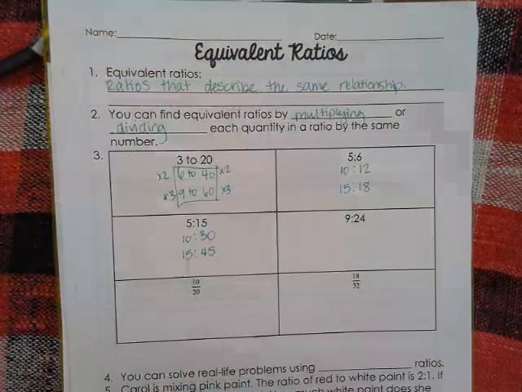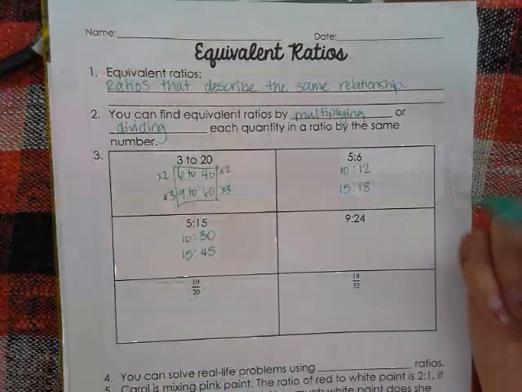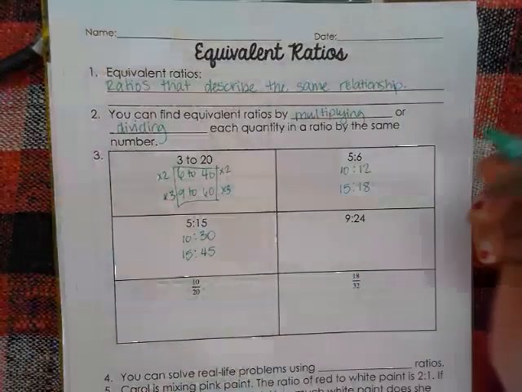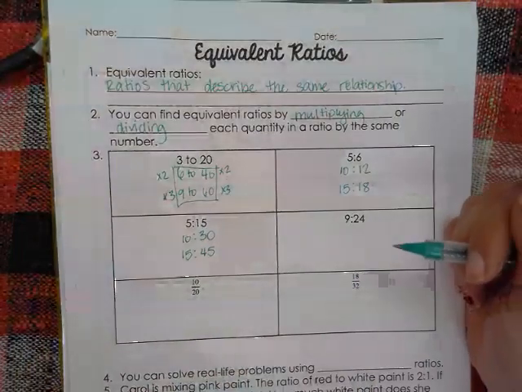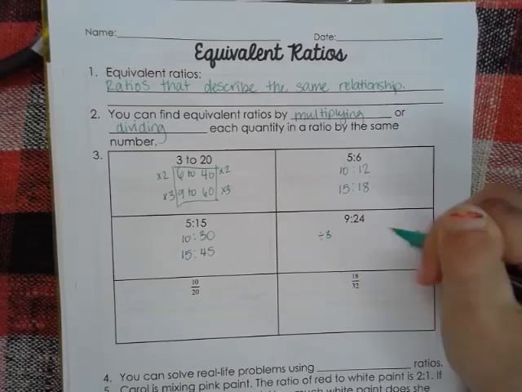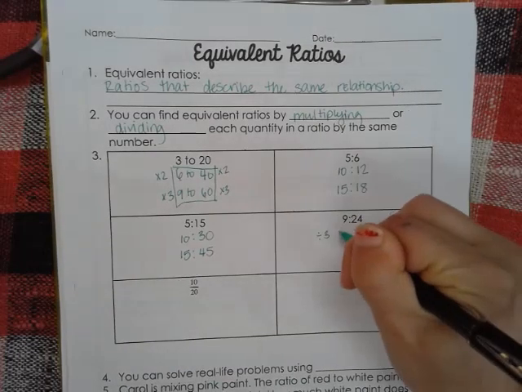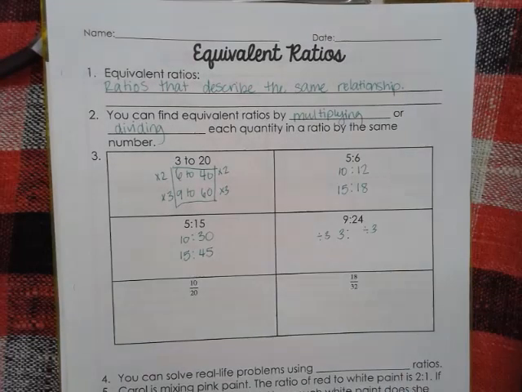Okay, now when I get to 9 to 24, instead of multiplying by the scale factor, I'm going to first divide. What I'm going to divide by is 3, because I know 3 is a factor of both 9 and 24. So 9 divided by 3 is 3, and 24 divided by 3 is 8.